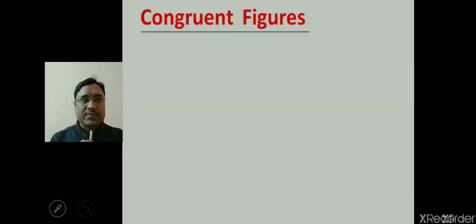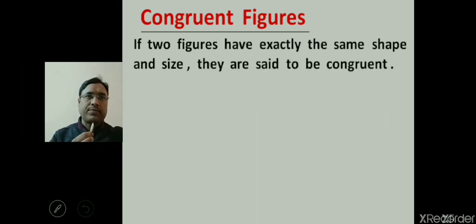So you can see the topic is congruent figures. What you can understand from this is that if two figures have exactly the same shape and size, that means their shape and size both should be exactly the same, then they are said to be congruent.